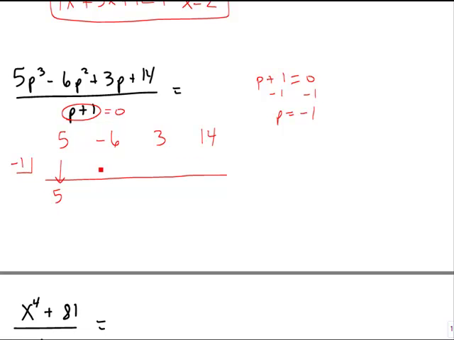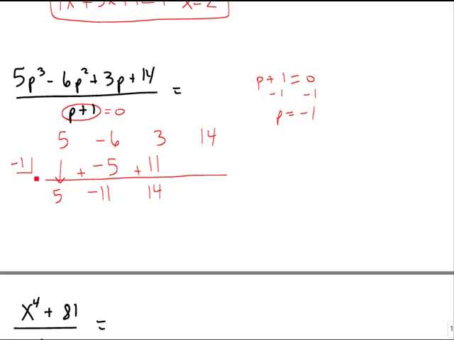So -1 times 5 is -5. You add down: -6 plus -5 is -11. And we multiply again. -1 times -11 becomes +11. And then we add down again. 11 plus 14 is 25. Excuse me, 11 plus 3 is 14. Sorry about that.